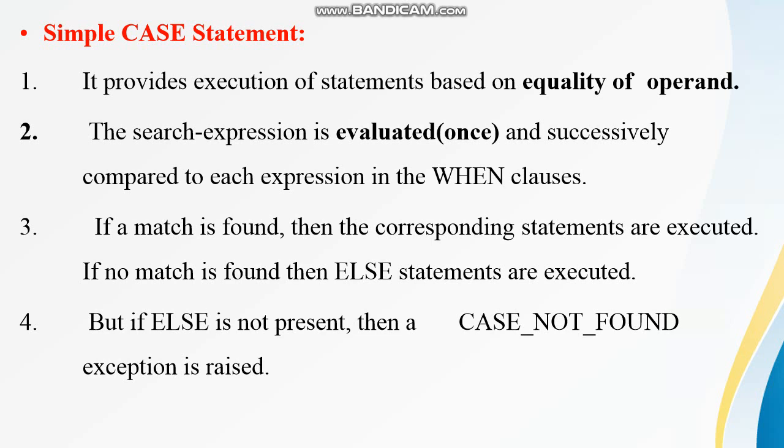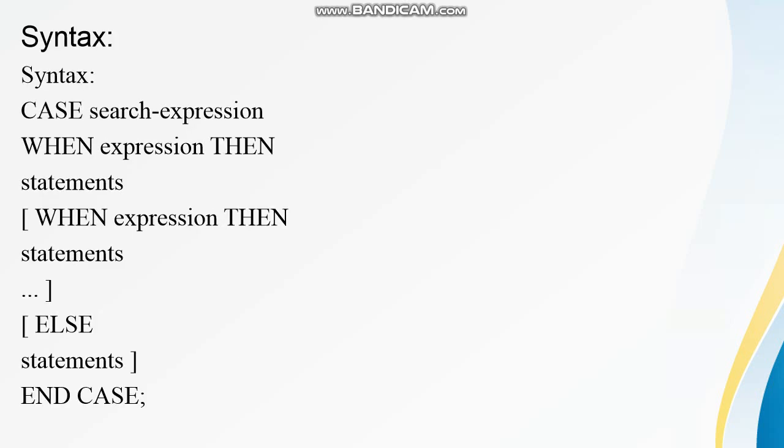So let's see the syntax. The CASE statement starts with the keyword CASE, followed by the search expression, which is what we base the comparison on. Then there is the WHEN expression. When the condition is met, the statement is executed.